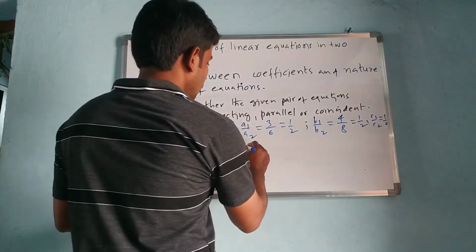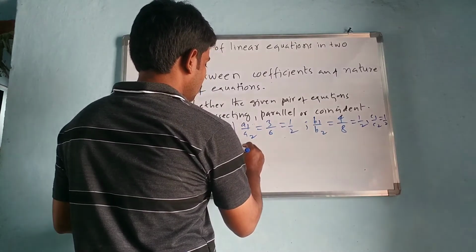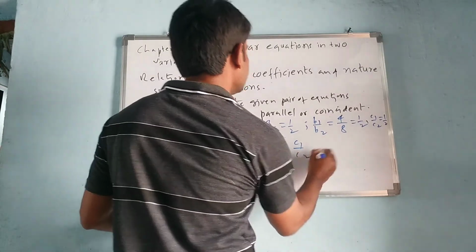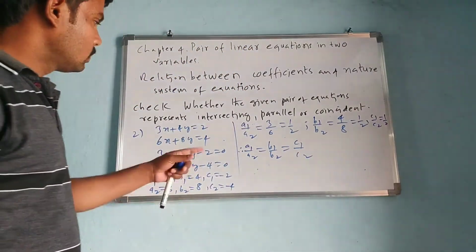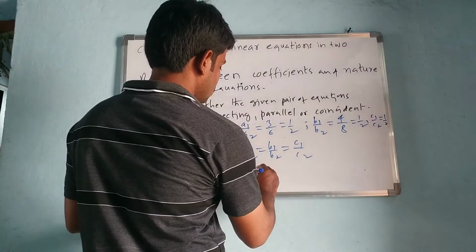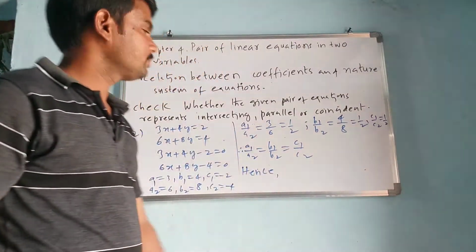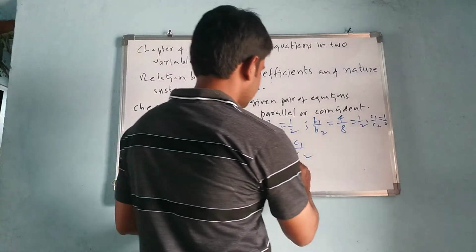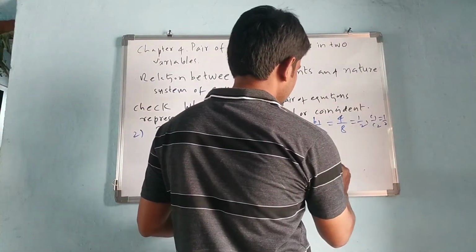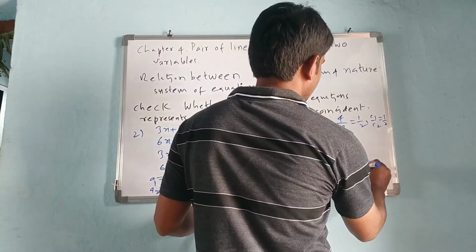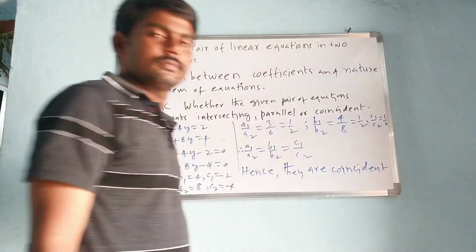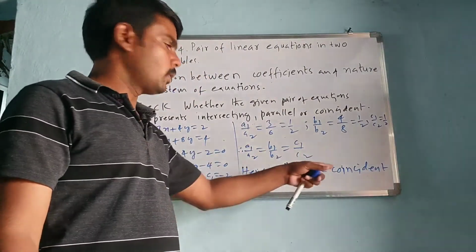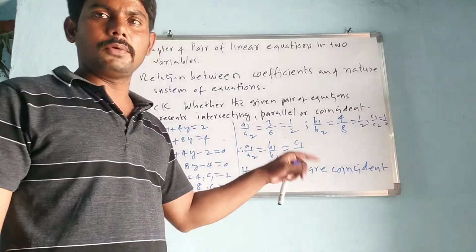In this case, A1 by A2 is equal, B1 by B2 is equal, C1 by C2. So hence we can say that they are coincident. Coincident is nothing but both the equations are same.